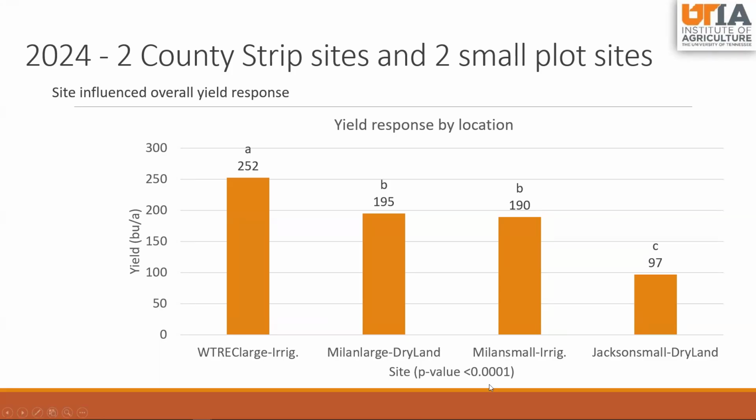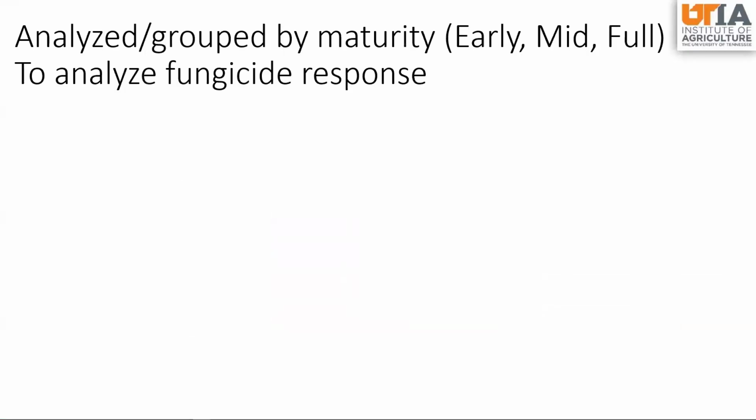We also had a dryland site in Milan that did catch more rain. We had a small plot in Milan that was irrigated, but you can tell it really didn't get the irrigation it needed to maximize yield, versus WT Rec, where we had large strips and irrigation, and we had our best yield across our locations.